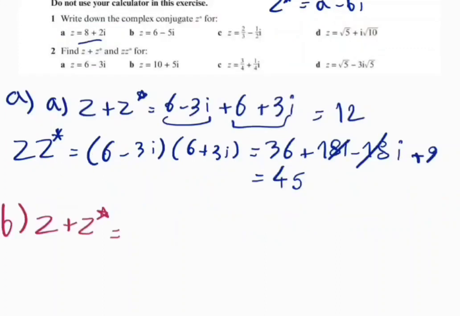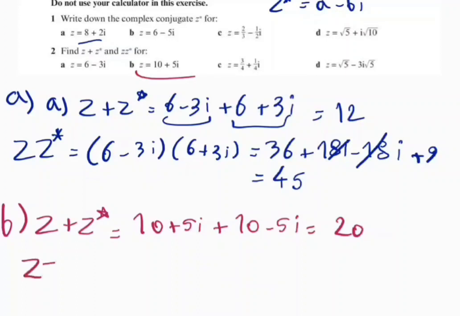In part B, the complex number that we are given is 10 plus 5i. Here we have 10 plus 5i plus 10 minus 5i, that's the conjugate of that. This gives us 20. That's it. Then we should multiply them again. It's about expanding the brackets really.